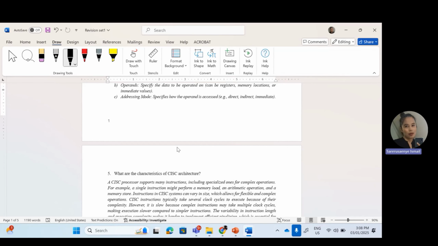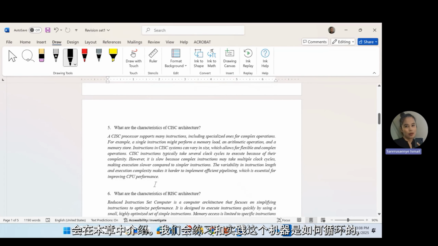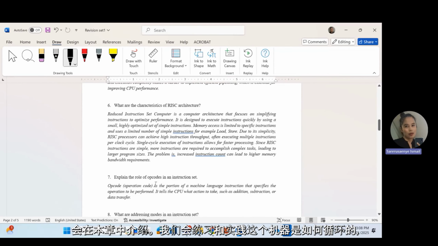So that also is inside this chapter, and we did exercises and practice on how this machine cycle works, if you still remember.